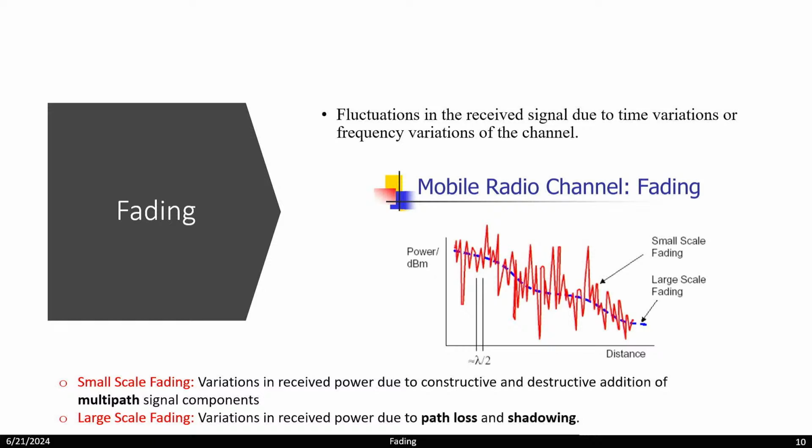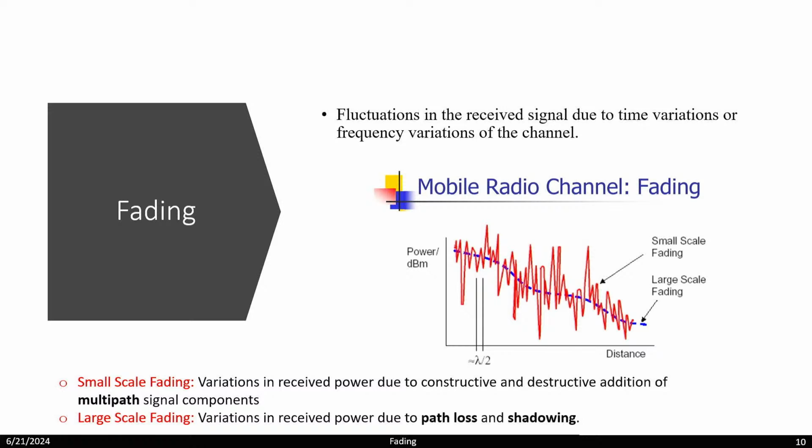Due to multipath, they will add up constructively or destructively at the receiver. That creates fluctuation in the received power, which is called fading, and it is specifically frequency dependent fading.